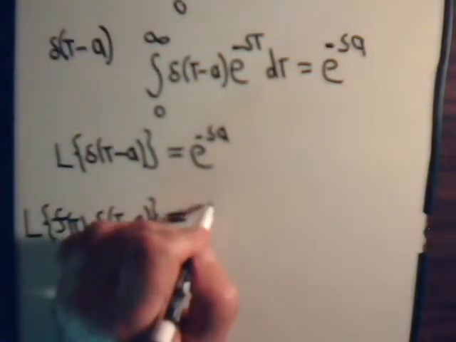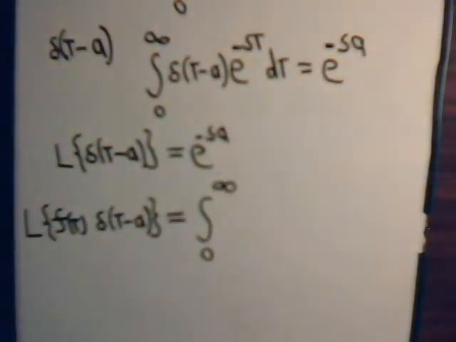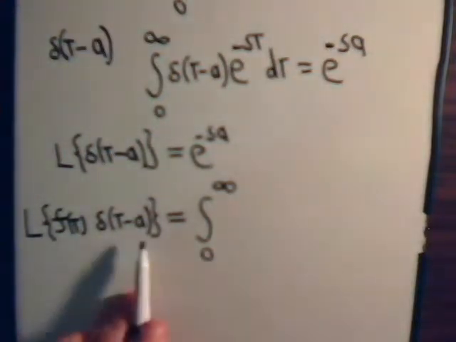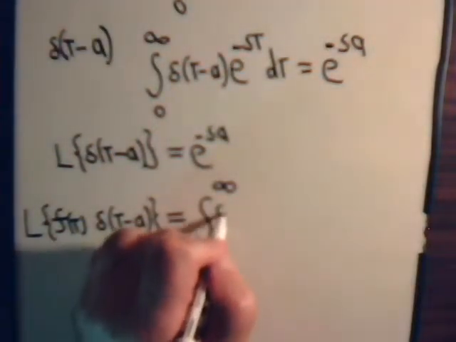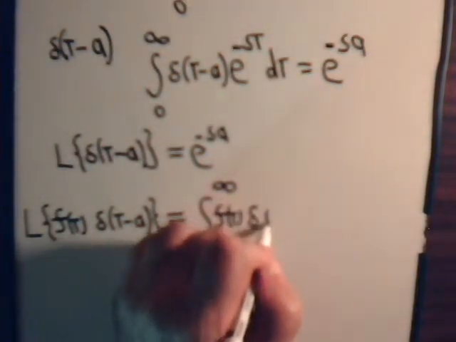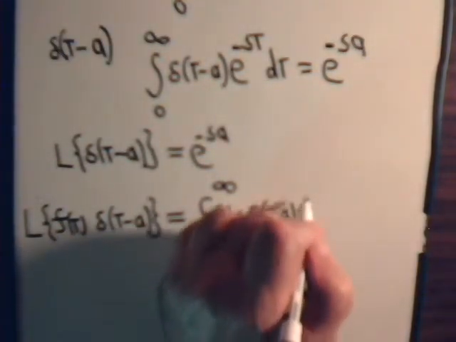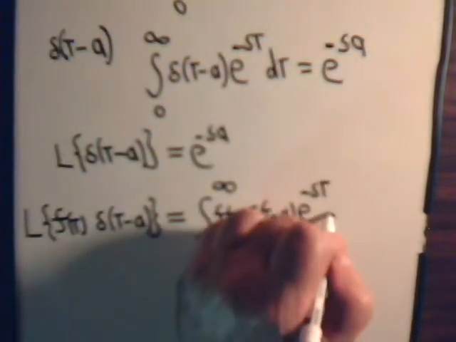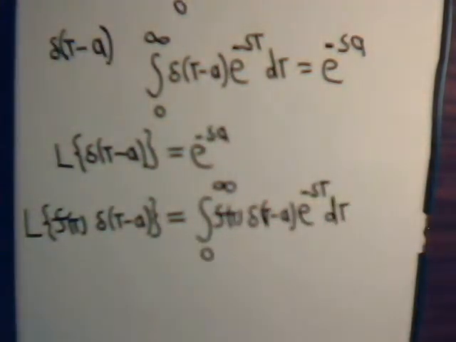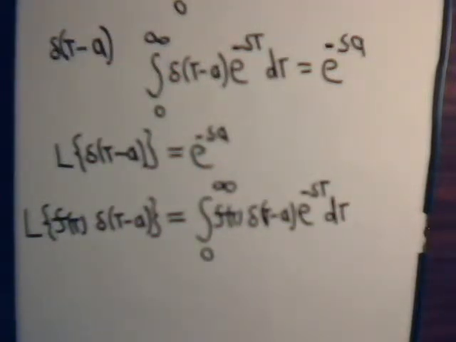So we use our definition, and that will be this times e to the minus st. Again, we're working with positive values of a, so a lies between 0 and infinity. This is always 0, except for that one instance when t equals a.